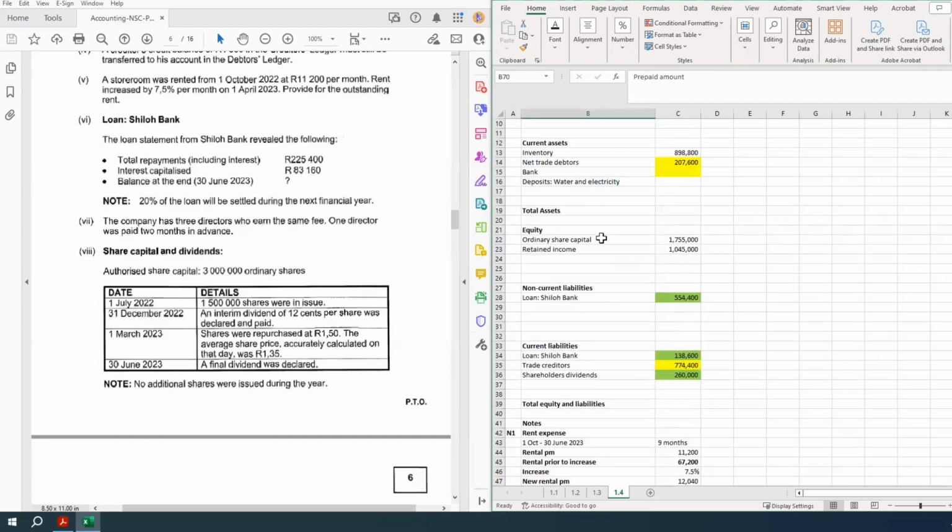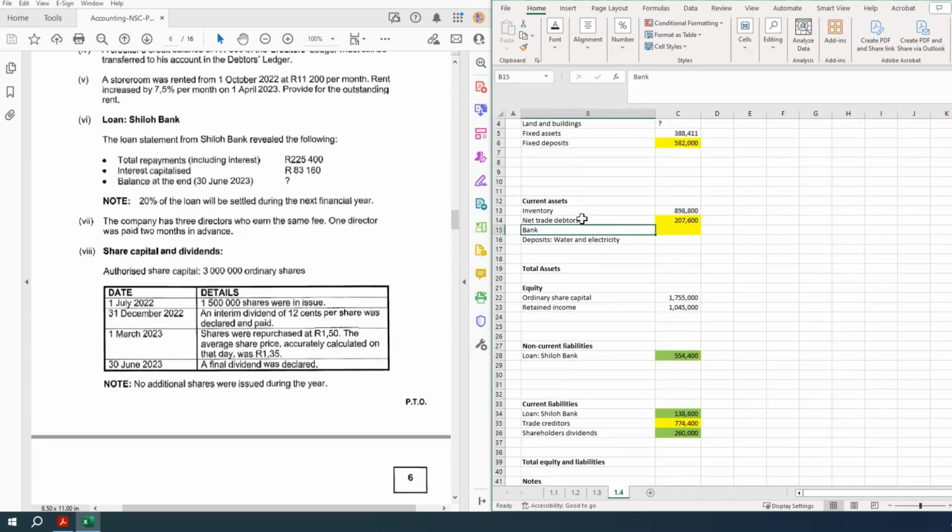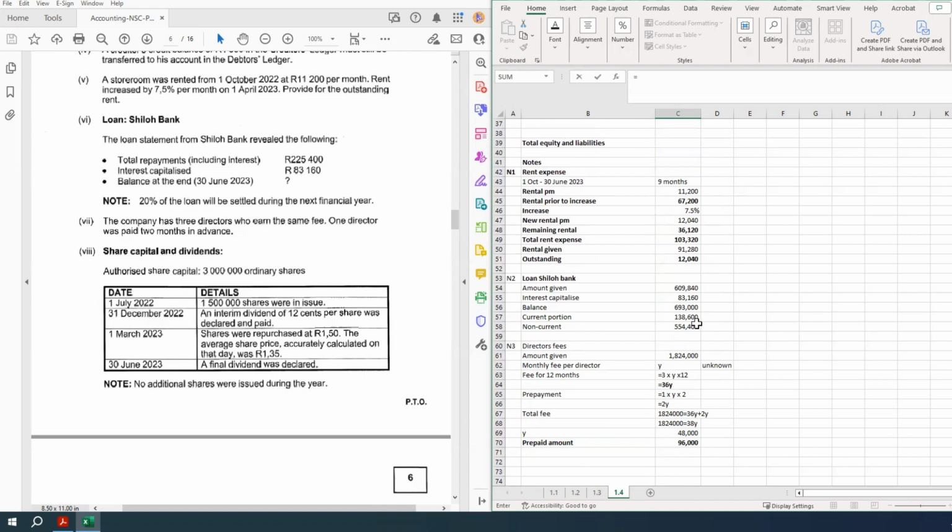Okay, so then I go back to my balance sheet and I would say, you can either put it as part of your debtors or separately. Prepaid fees, director's fees. Okay, then I'm going to link this down here.